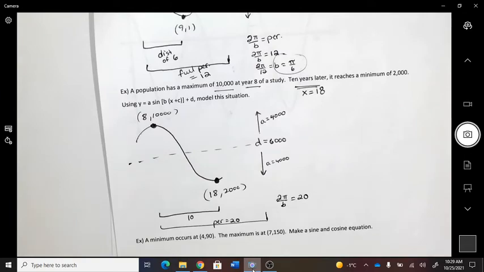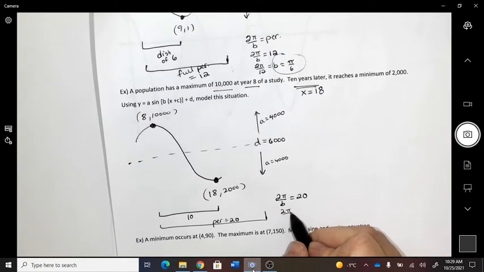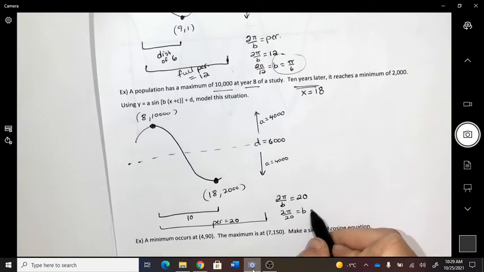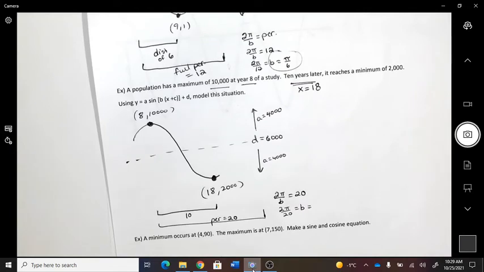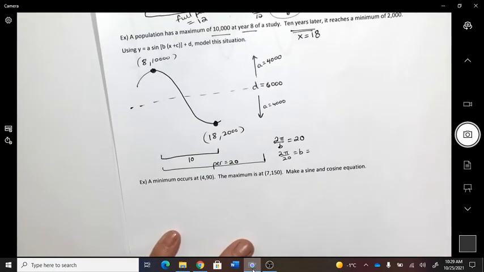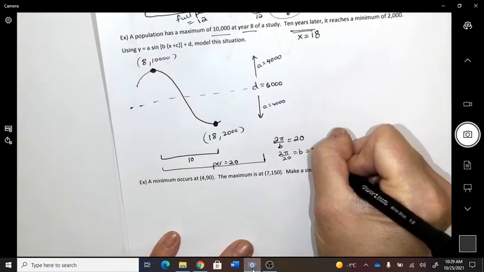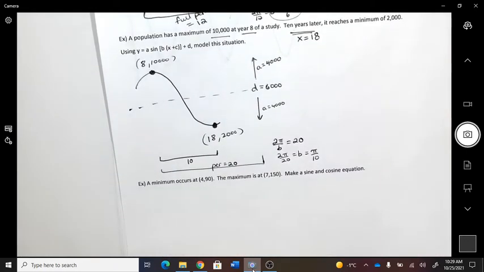To solve for the b, I'm just going to cross multiply, which ends up switching those. Okay, I'm going to go with pi over 10. So I'm just reducing it.